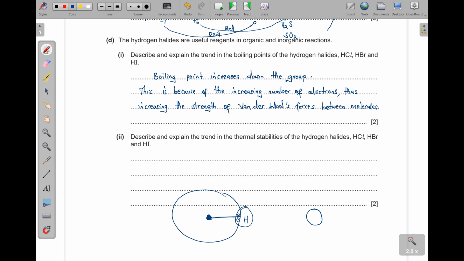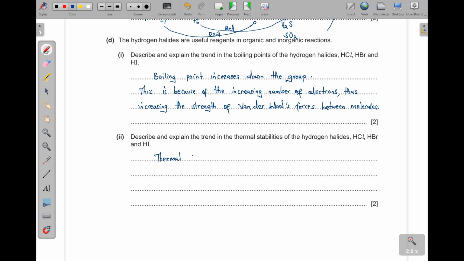So compared to this one, maybe for chlorine, the distance here is small. So the shorter the bond, the stronger it is. Then the longer the bond, the weaker it is. Why? Because there is weaker attraction between this nucleus and the electrons here. You see that? So we are going to say that thermal stability decreases down the group.